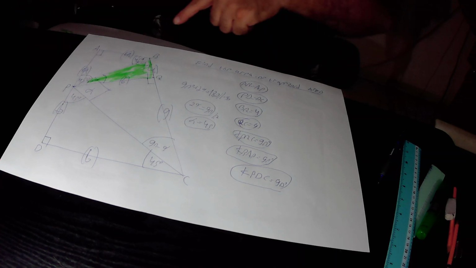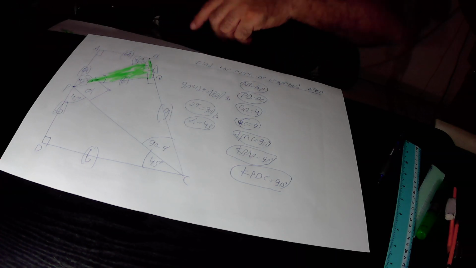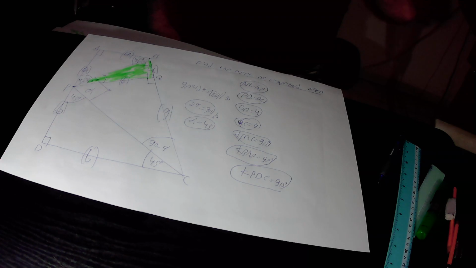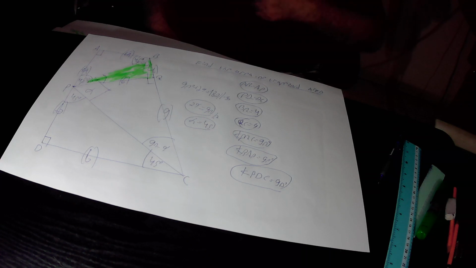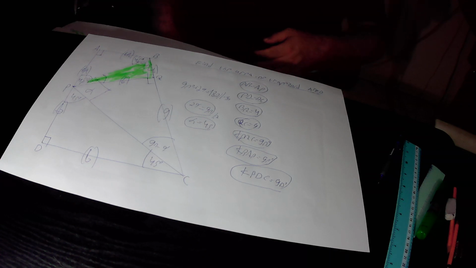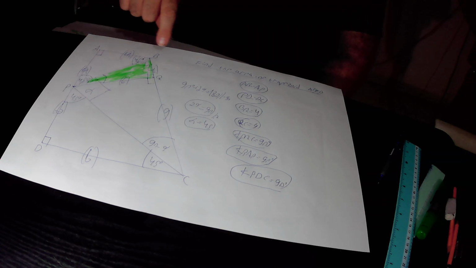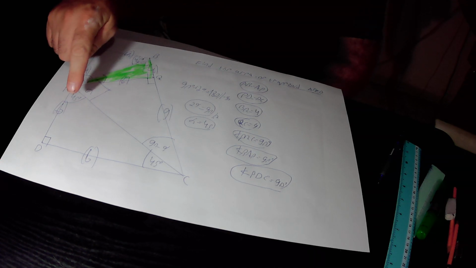Our mission is to find the area of this trapezoid ABCD. The area of this trapezoid is equal to the sum of the components that it consists of. Trapezoid ABCD consists of this small right triangle ABP plus this big right triangle PBC plus this right triangle PDC.